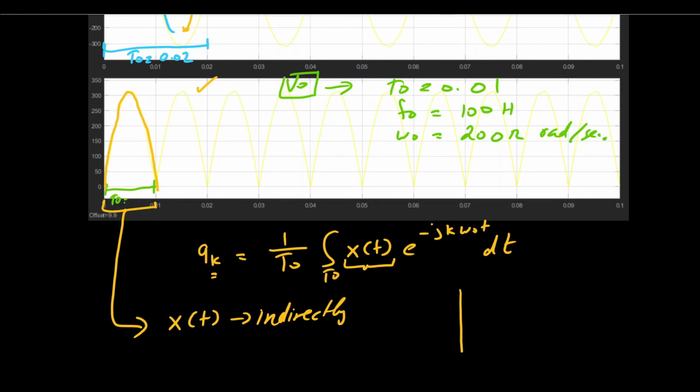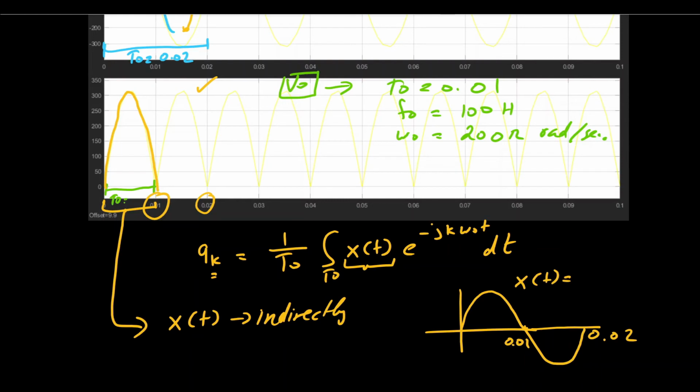So we are going to get this expression indirectly. Say we have this function again, but it is now extending to become a full sine wave. The first intercept is as before, which is 0.01, and the second intercept is at 0.02, which is over here. So in this case, the x of t can be expressed as a sine function which is having 2 pi f0.